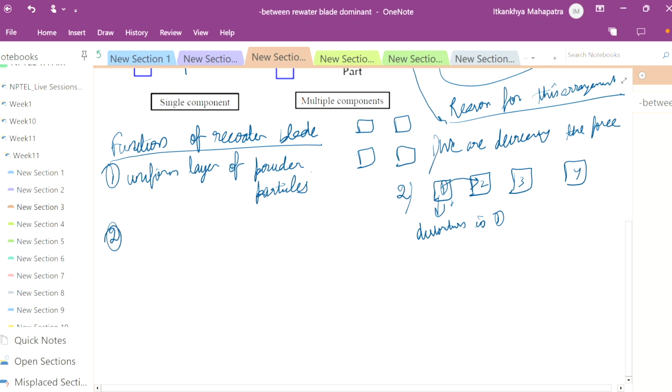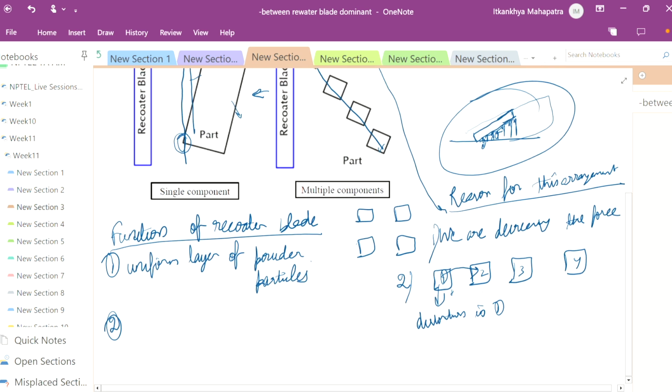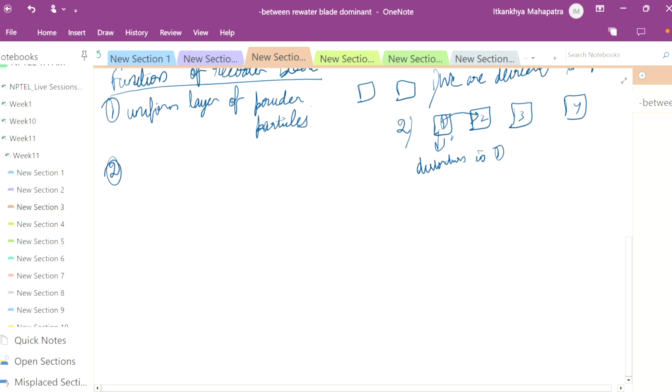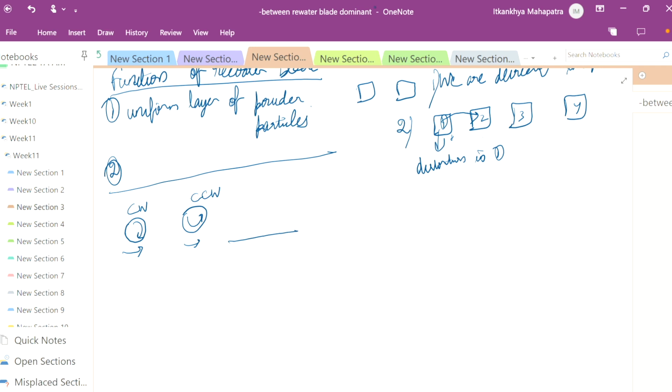Now, along with the recoater blade, one more question from your assignment is about the roller. One is clockwise, one is anti-clockwise. The question is, if we rotate in the clockwise and counterclockwise direction, which gives better uniformity of the powder particles?